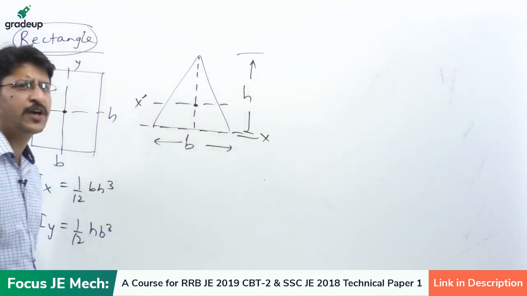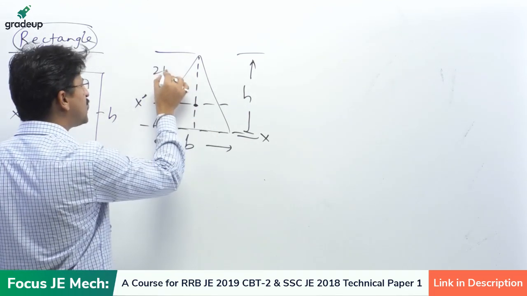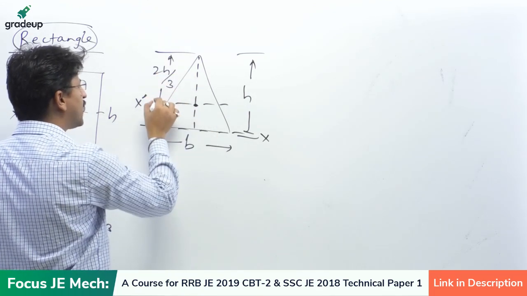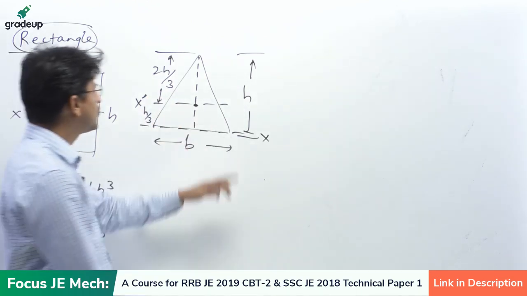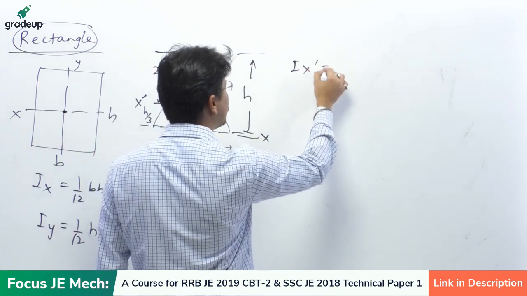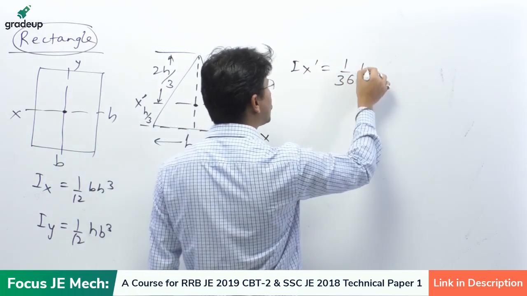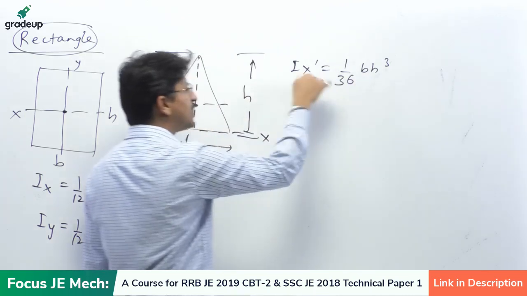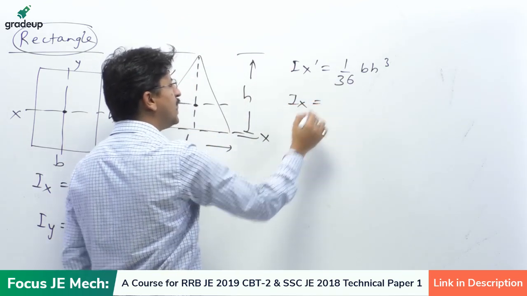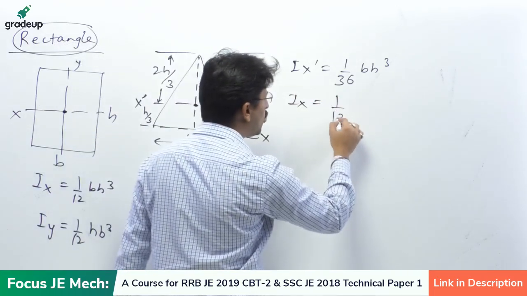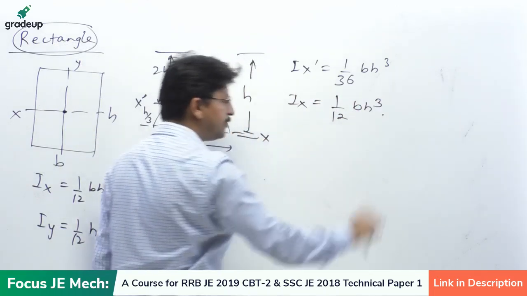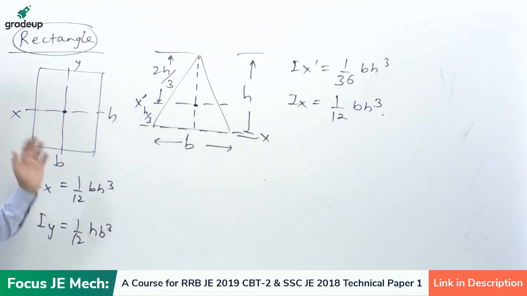It lies at a distance of 2h by 3 from its apex, or h by 3 from its base. Clear? About this centroidal axis, Ix dash is given by 1 by 36 BH cube, and using the parallel axis theorem we can find the moment of inertia of the triangle about its base, which is 1 by 12 BH cube. Clear?